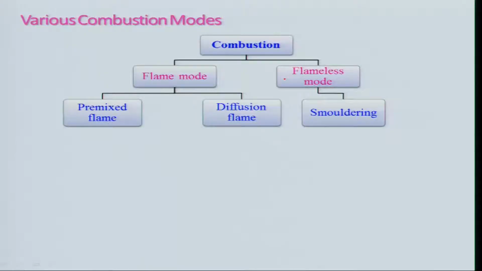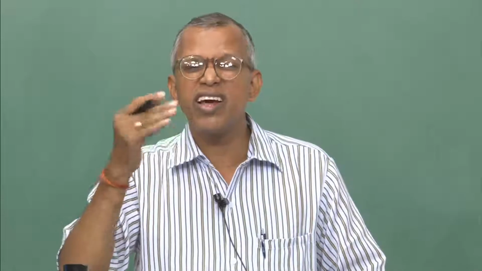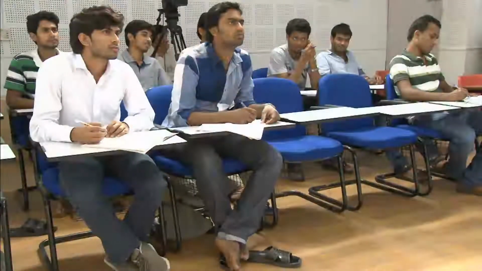Flameless mode, one of them is smoldering. Do you know what is smoldering? Some of you might be smoking, and when you burn that cigarette, you get something red in color which is propagating, right.